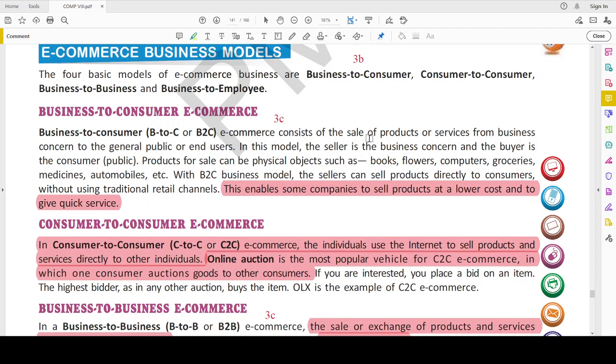So what are the products? While you are purchasing grocery items, you are purchasing products.